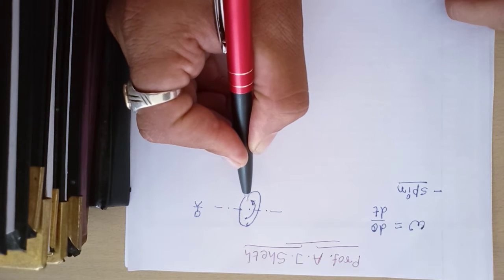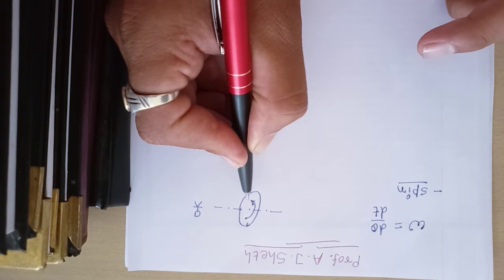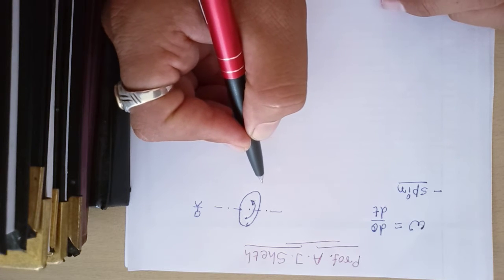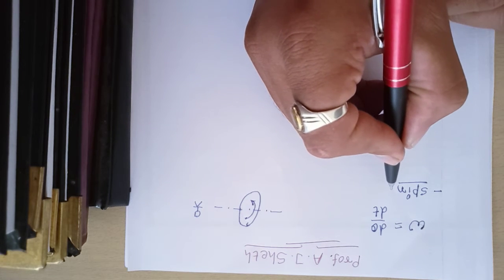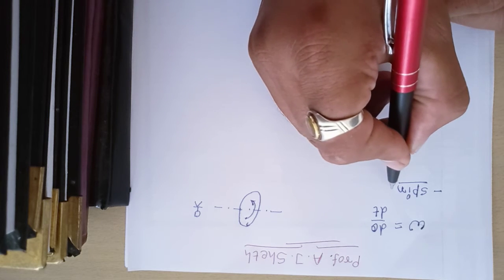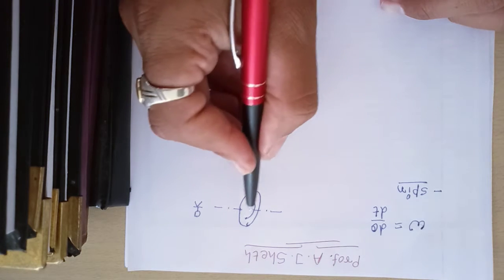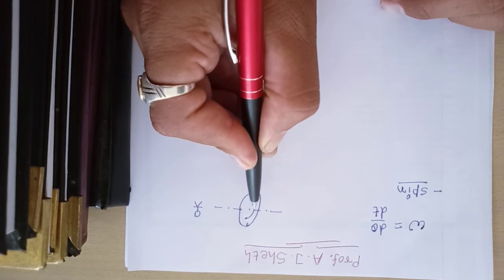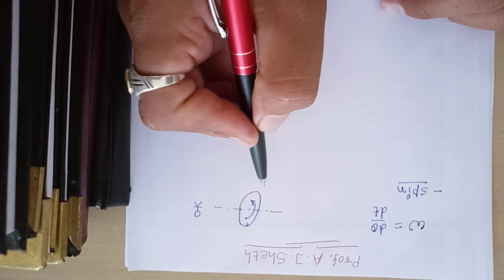It may be a gear, a turbine rotor, an impeller, any rotational body. So spin is nothing but the direction of rotation of the circular body.